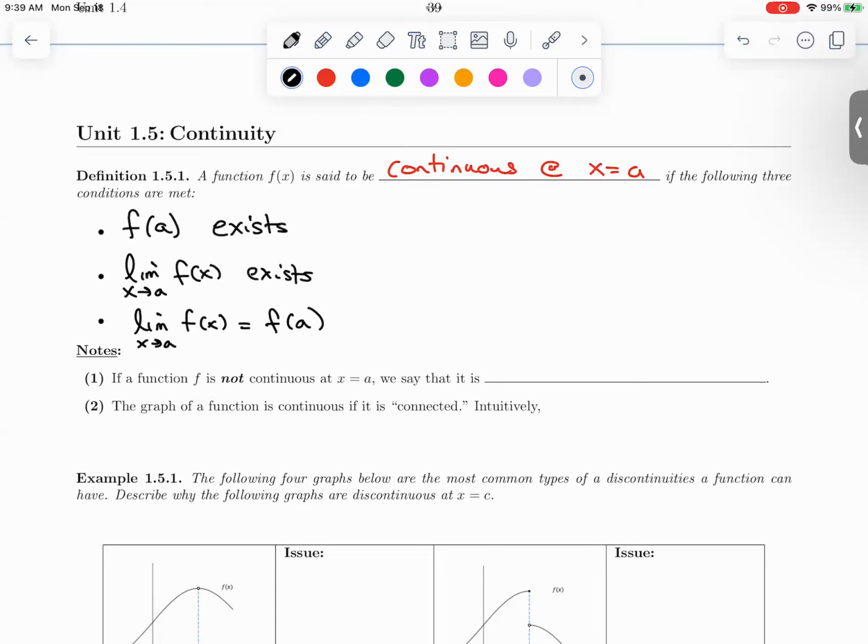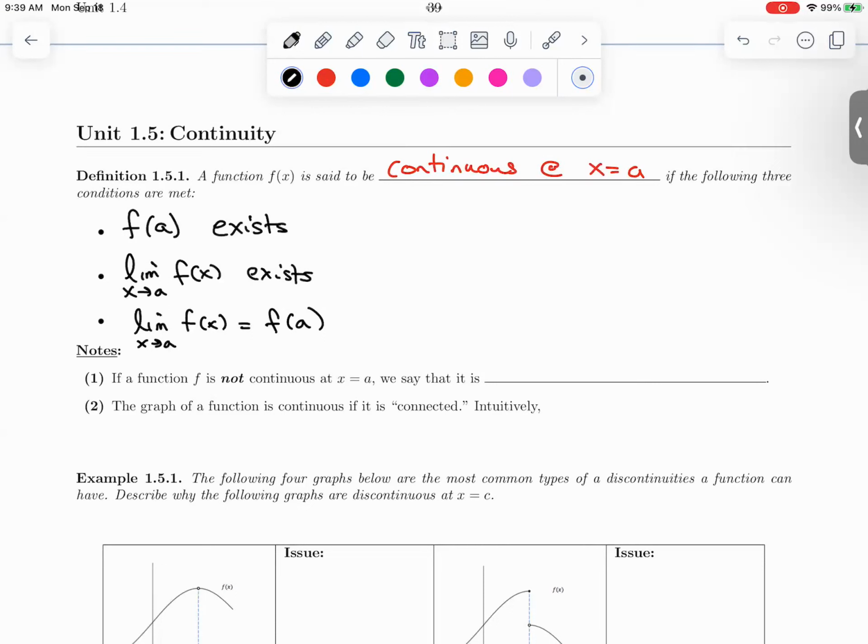Now, this definition could be simplified to just the third point, because the third point is assuming the other two already, right? You can't claim that these two things are equal unless they exist.